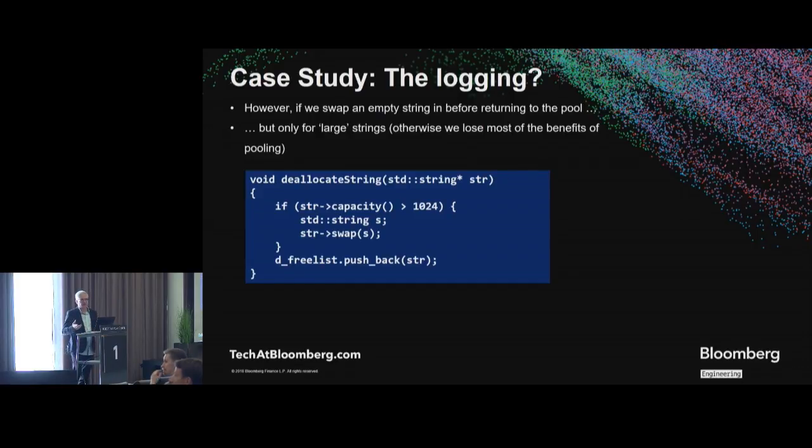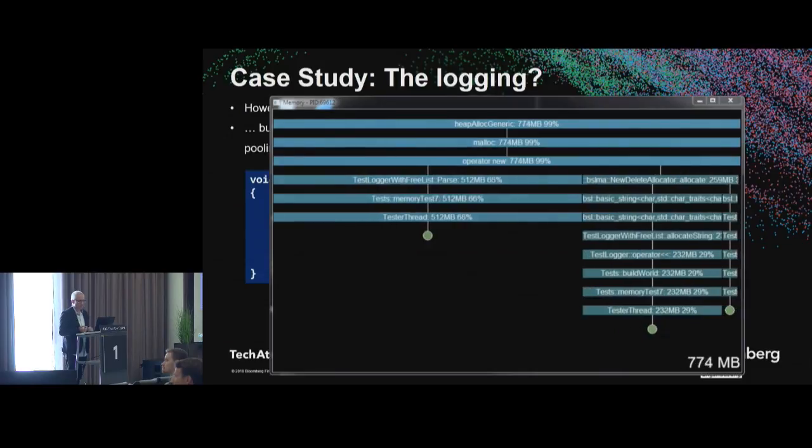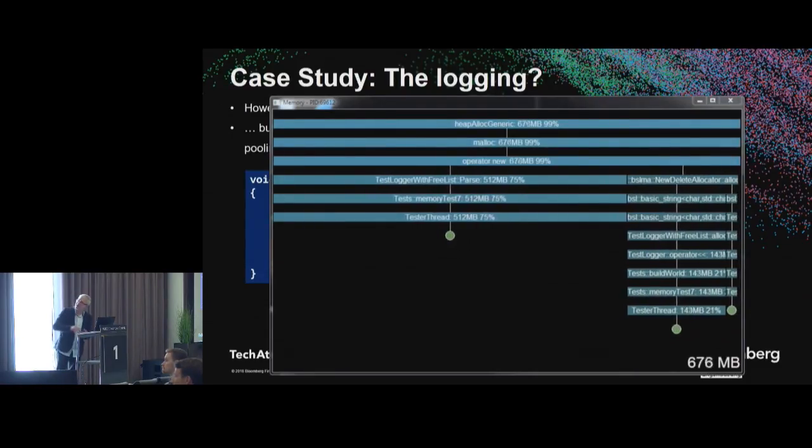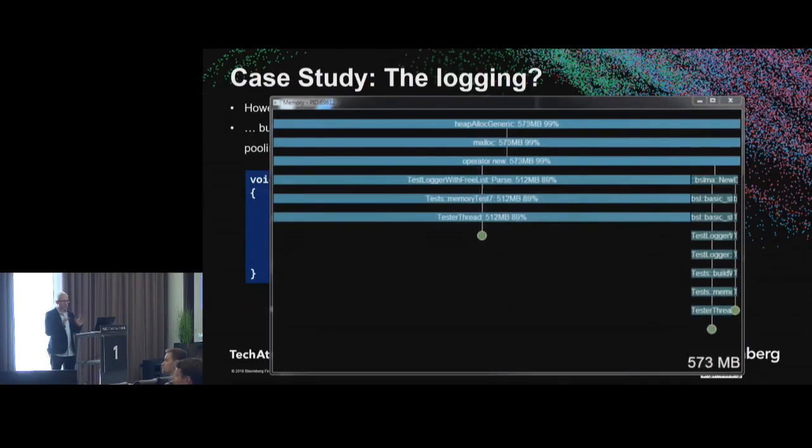But then you think, well, what's the point of pooling if you're just swapping in an empty string? Well, maybe you do this for sizes that are bigger than a particular limit. So you get the benefit of pooling lots of small objects, but without the expense of accidentally pooling very, very large objects. And you do this, and sure enough, memory usage builds up, and then as the consumer thread flushes out, the pool is well behaved.